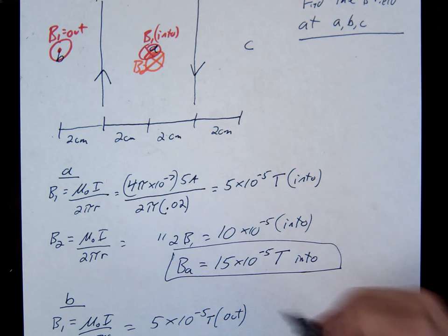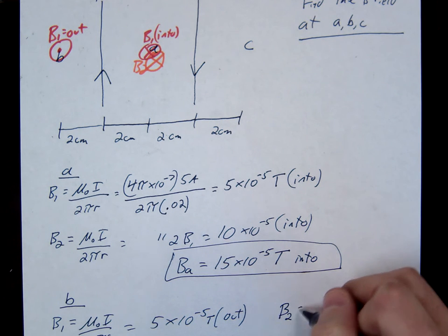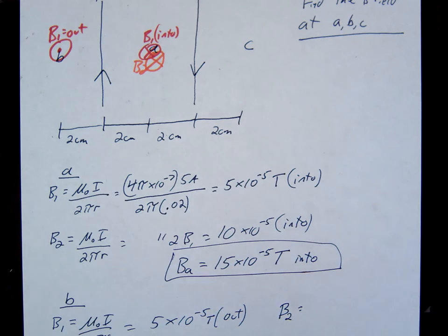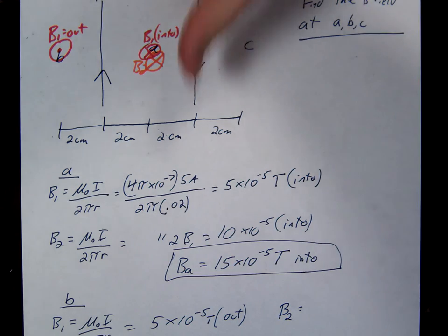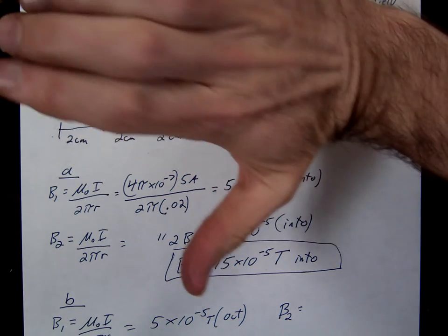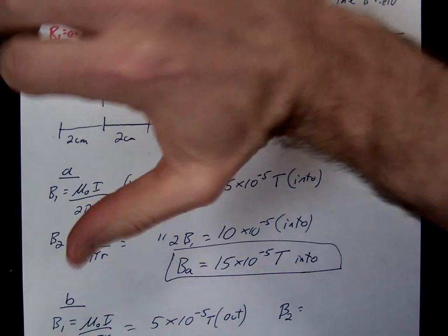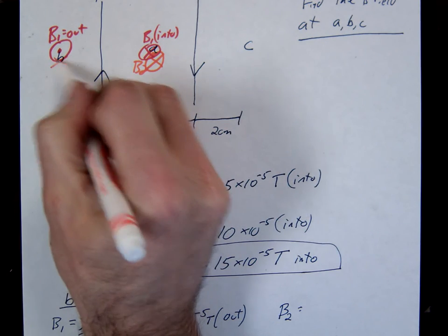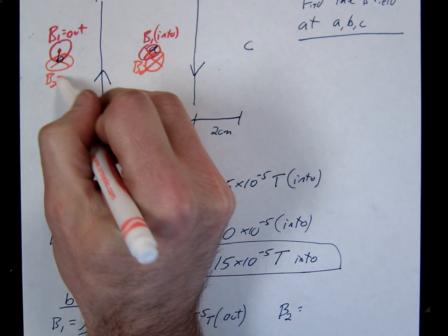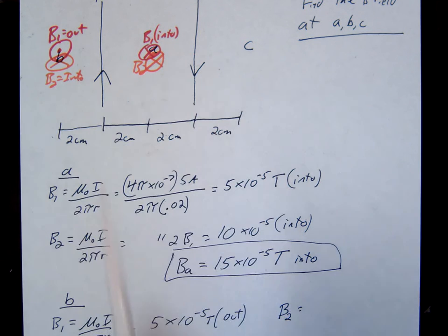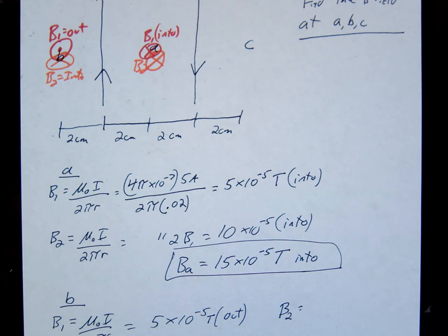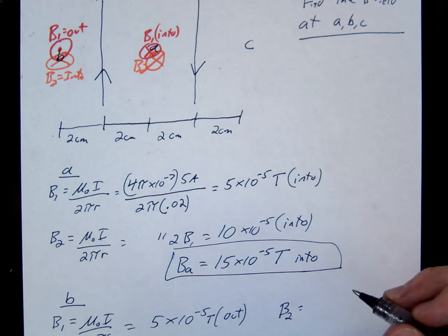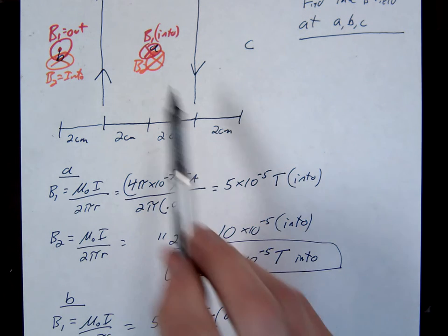B2, we do have to figure out the direction for B2. So our thumb comes down this time. When we curl, at that location, it's also going into. So B2 is also going into over here. And then this one's not going to be the same.